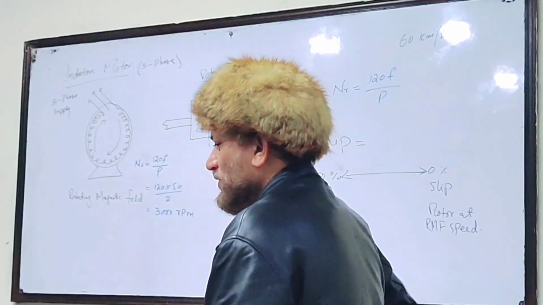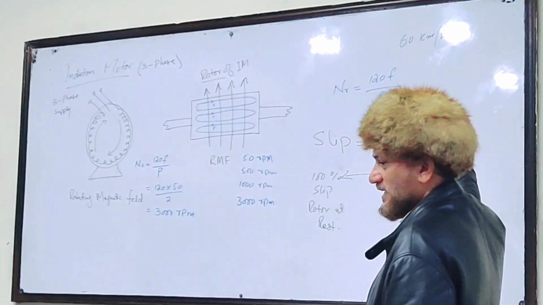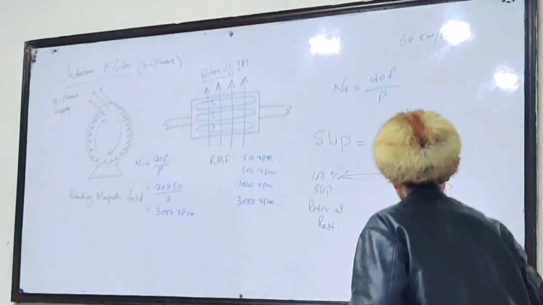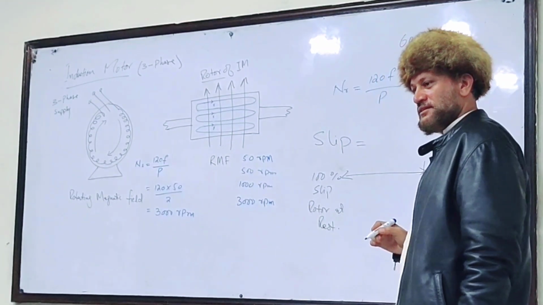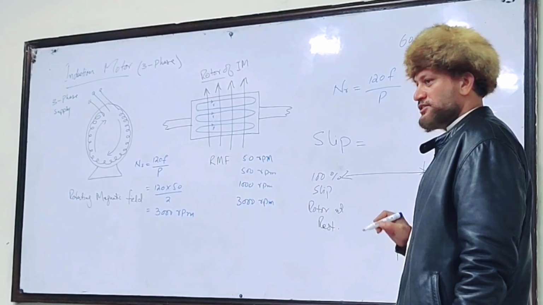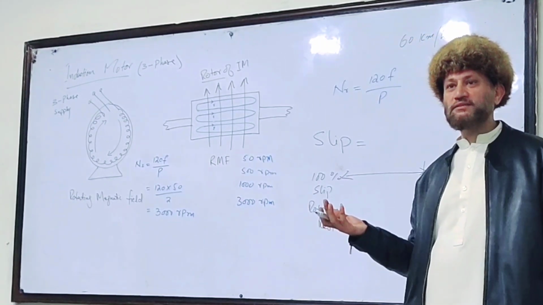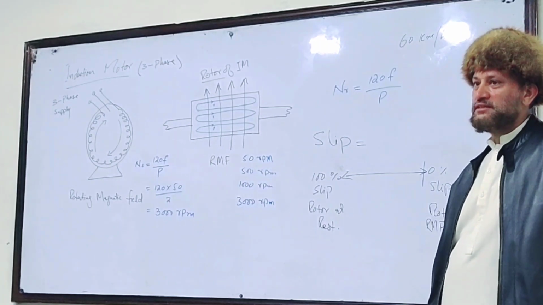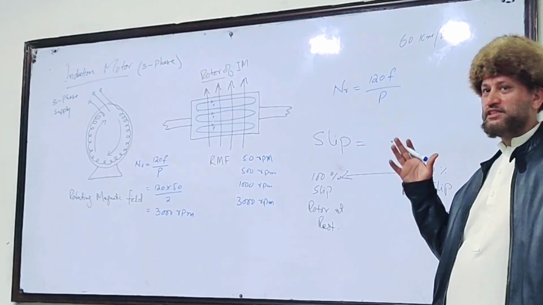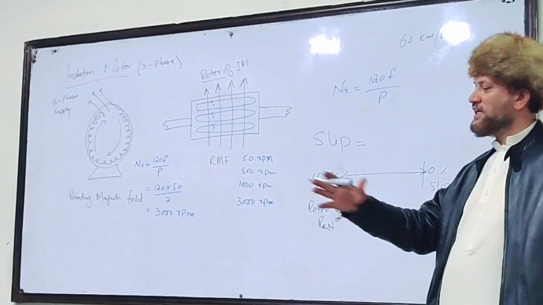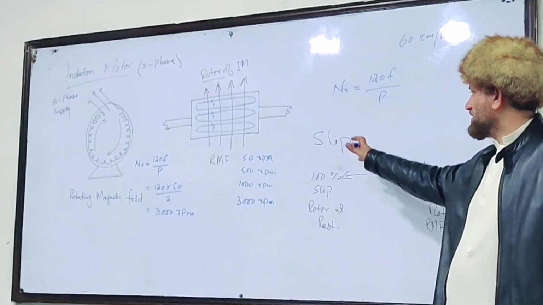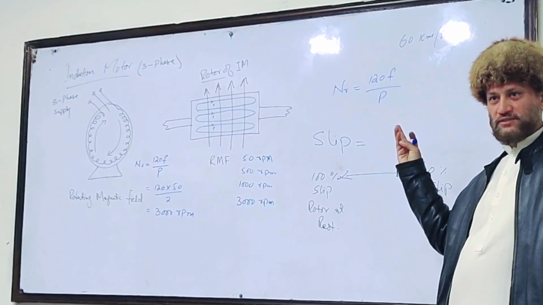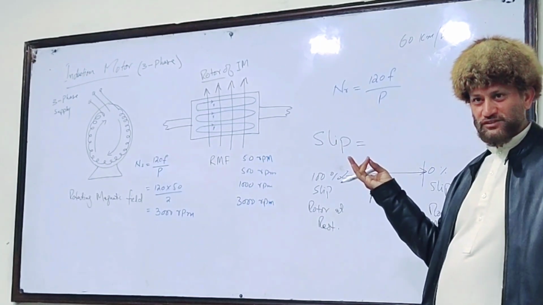Near to no load, when it is running, the slip will be somewhere near zero. Zero slip is never actually reached, because if the rotor speed reached the rotating magnetic field speed, everything inside the rotor would stop: no induction, no induced EMF, no current flowing, no force.